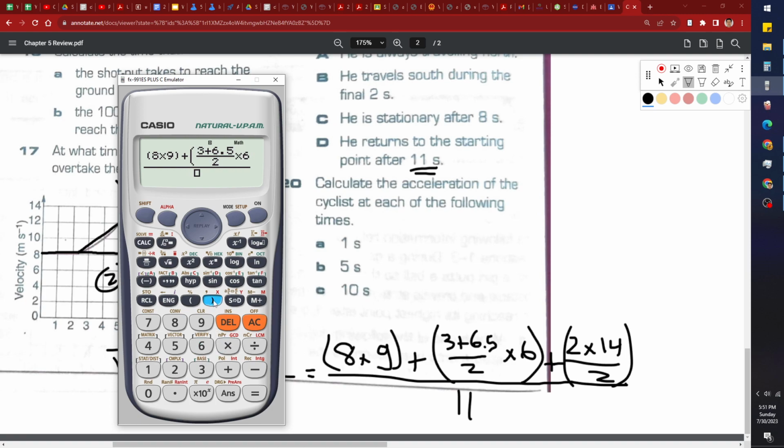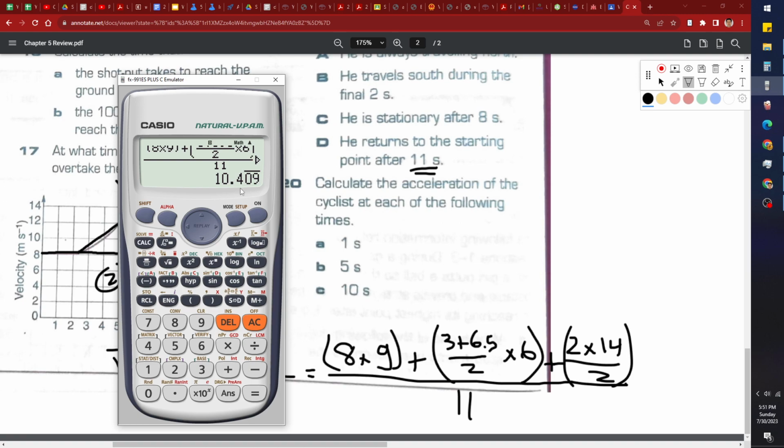So the nice thing about these calculators, it shows exactly like how you read it, plus this 2, so that's another fraction button. I don't think we have to put the brackets on this one because it's just like that, 2. Okay, and then I'll go down, divided by 11, make sure all of that's the same. Press enter, there's our answer.